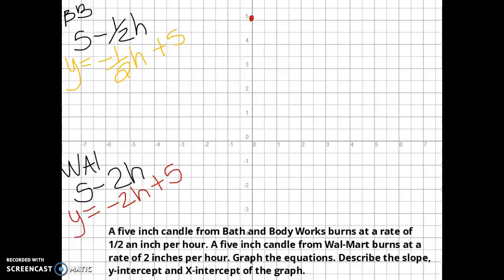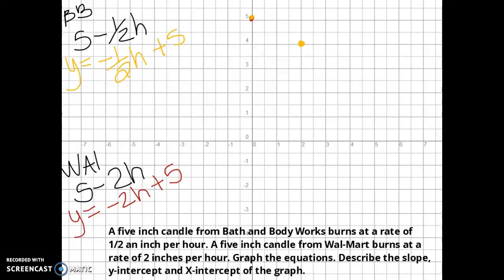Both the yellow and the red candles start at the same point. But the yellow candle goes down 1 and then right 2. So the yellow candle ends up being here.